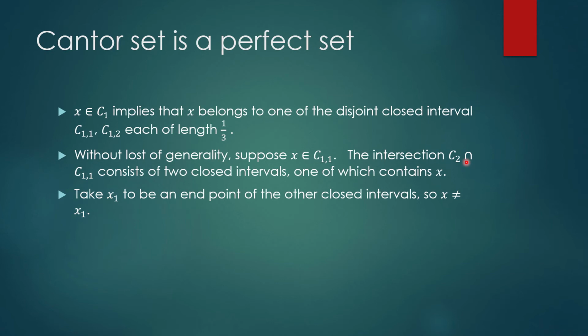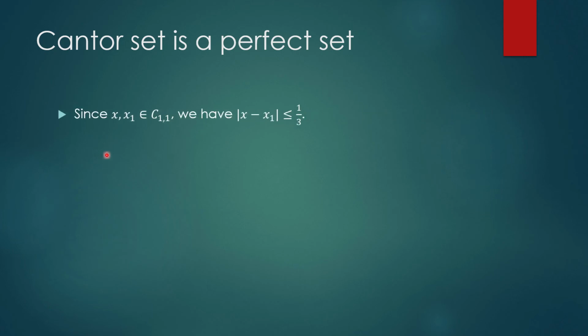That means X belongs to one interval, and we take X1 as an endpoint of the other closed interval, so X is not equal to X1. Since X1 is a member of C11, and the length of C11 is 1 upon 3, the distance between X and X1 is less than or equal to 1 upon 3.